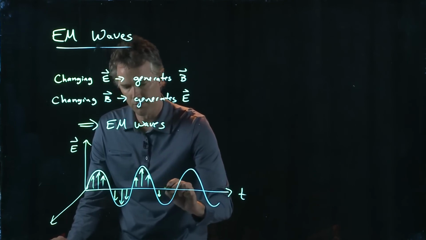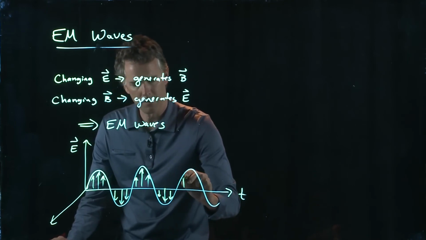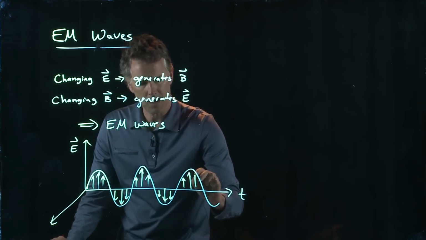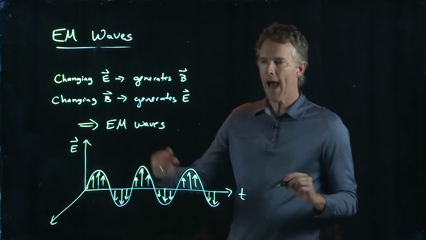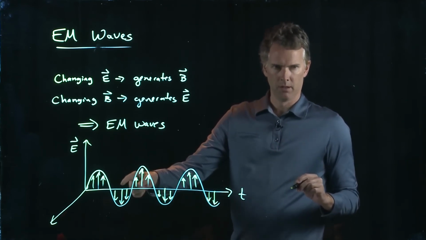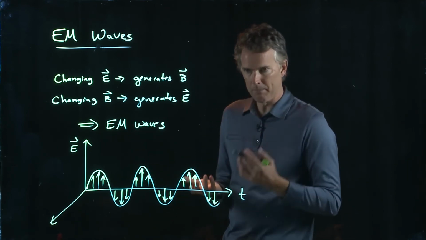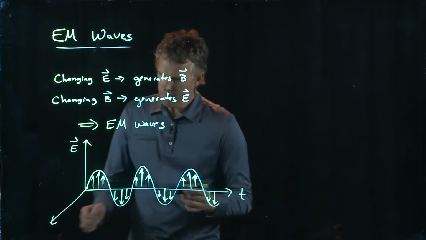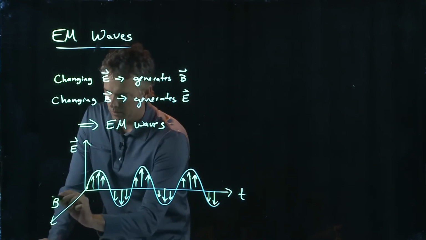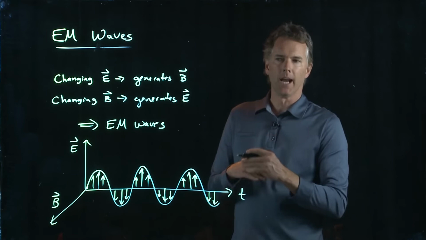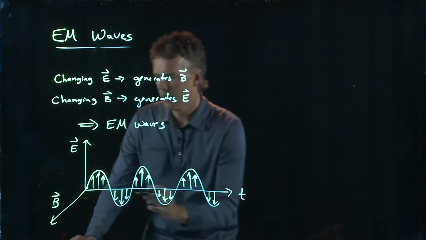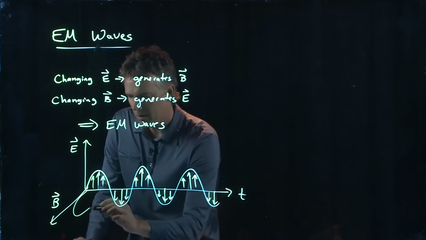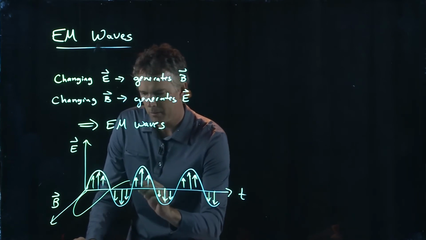Up, goes through 0, pointing down, and just keeps oscillating back and forth. But that changing E field can generate a changing B field, and the B field is orthogonal to that, at a 90-degree angle to it. So if E is up and down in the plane of the board, then B is going in and out of the board.